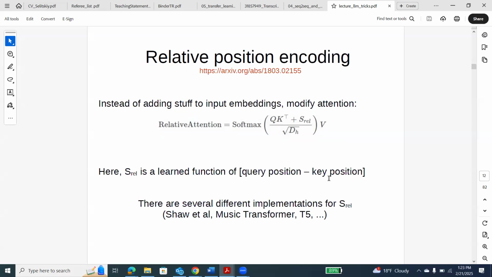As you remember, in the original transformer model, in the paper Attention is All You Need, they used fixed positional encodings with sines and cosines of some numbers.